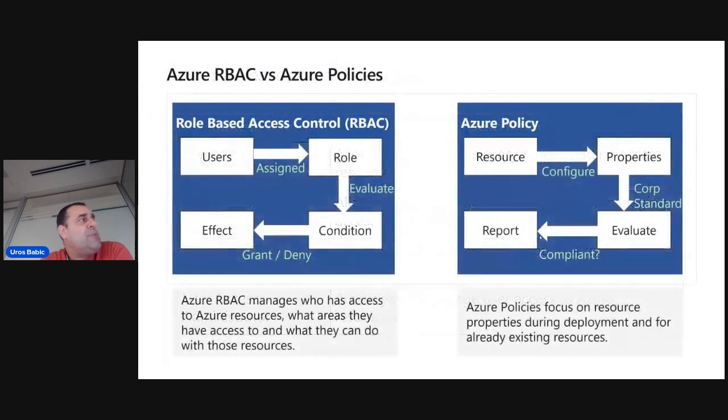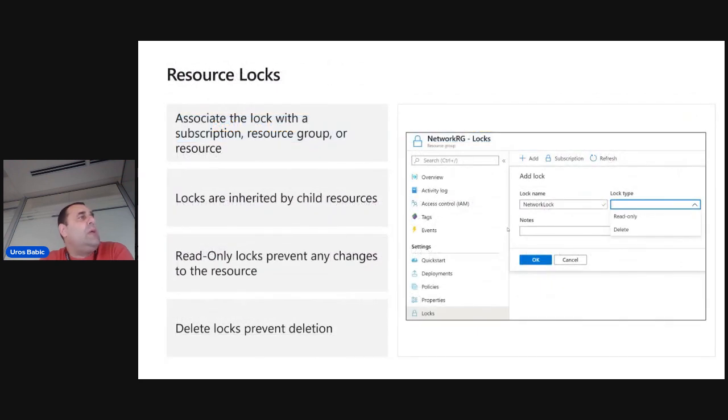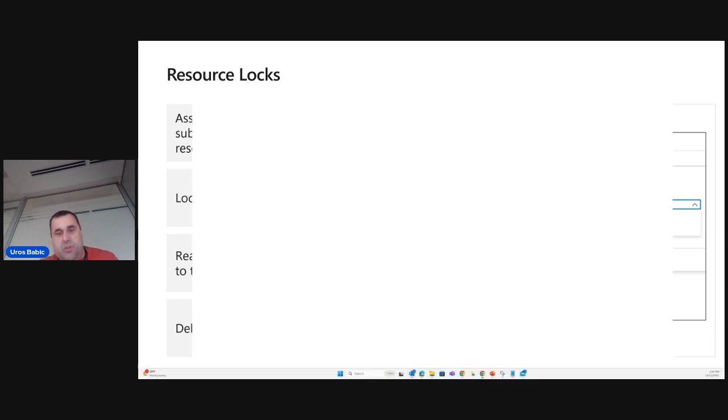And I have built-in roles like owner, contributor, reader, user access administrator, and I can finally use a resource lock based on my resource group for read-only to prevent any change of the resource, for accidental deletion or modification, and for the end I can show you this option in the portal.